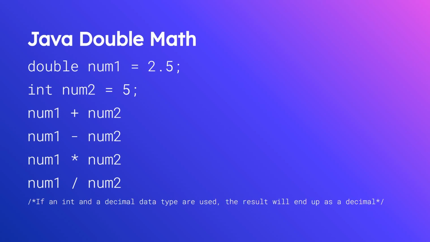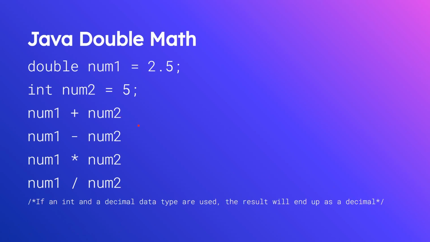So then we have doubles. In this case, num1 is 2.5, a double, and num2, an int, is equal to 5. Just a side note, if it's an integer plus a decimal, then you'll end up with a decimal as a result.